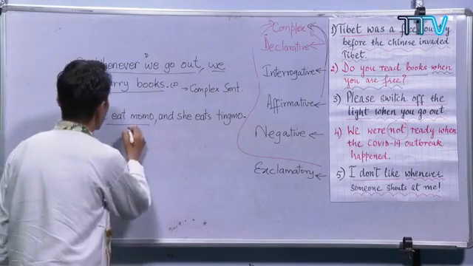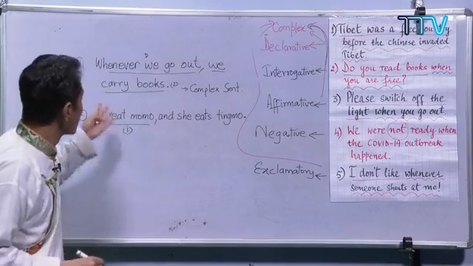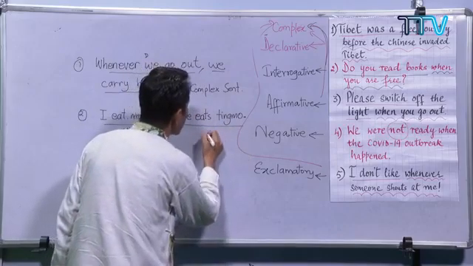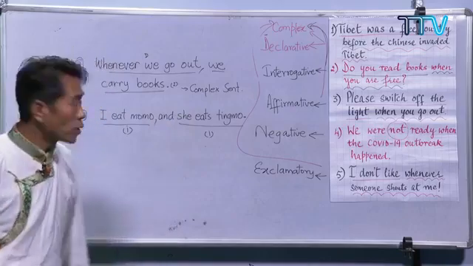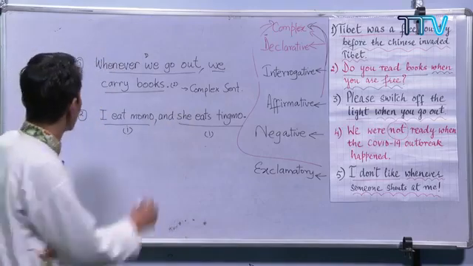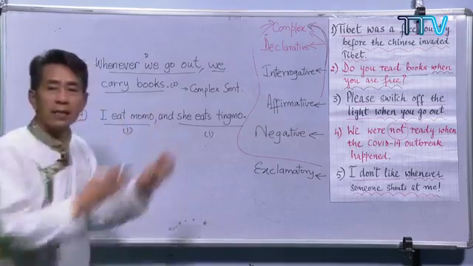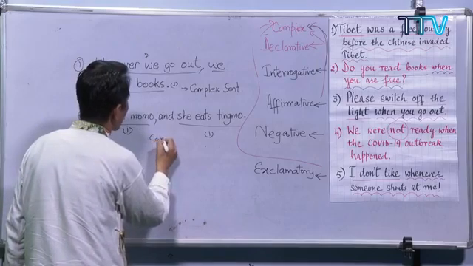This is an independent clause. It makes its own sense. She eats tingmo. Again, this is an independent clause. Now, in this sentence, how many clauses are there? There are 2 clauses, and both these clauses are independent. That means they make their own sense. So, what type of sentence is this? This is compound.